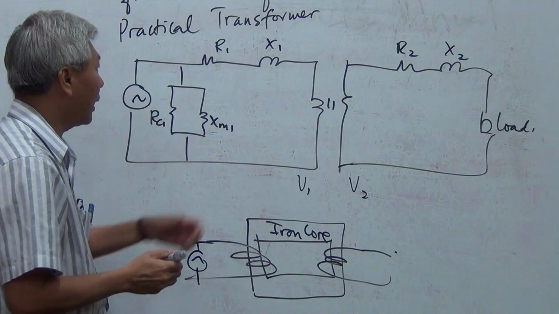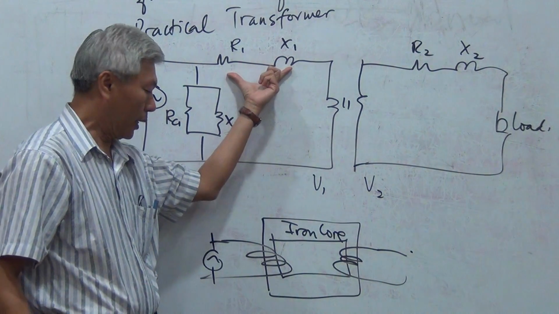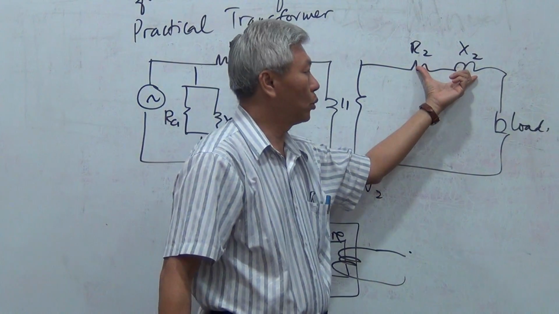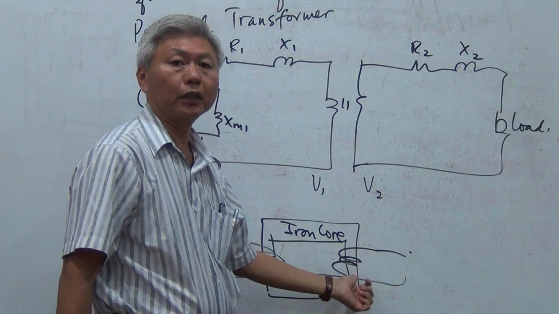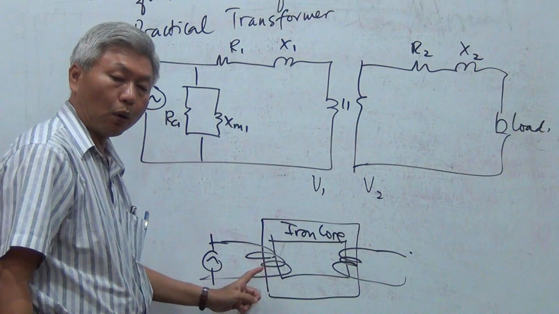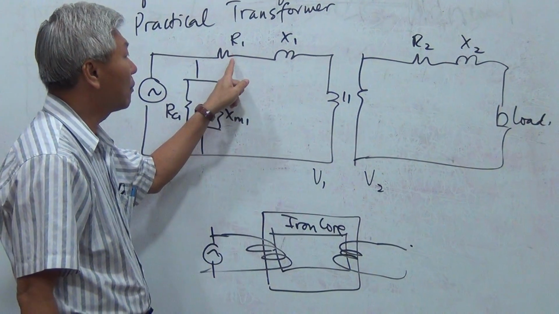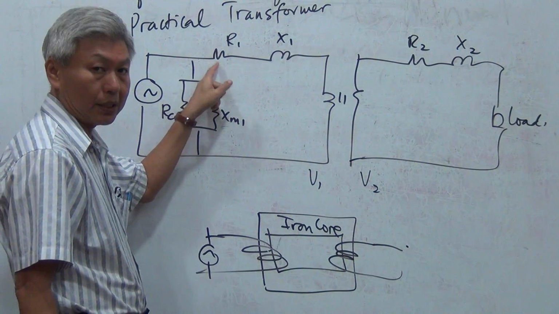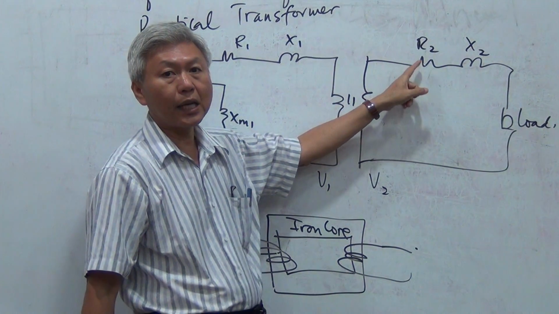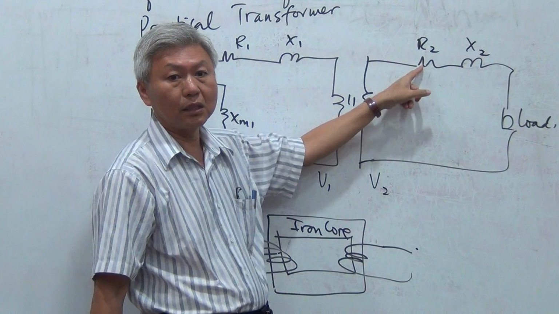So R1 and X1 come from the primary coil, and R2 and X2 come from the secondary coil, right? Now the resistance of the wires is called the primary winding resistance. Likewise in the secondary it is called the secondary winding resistance.